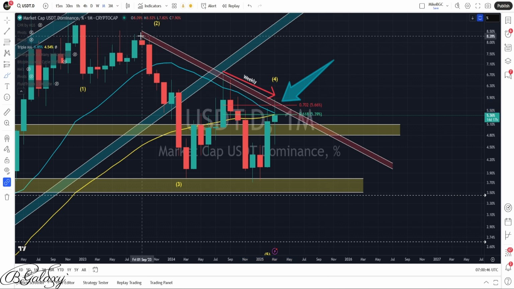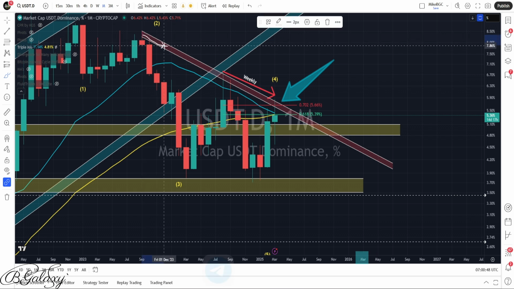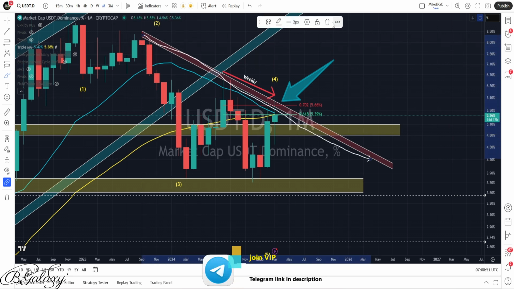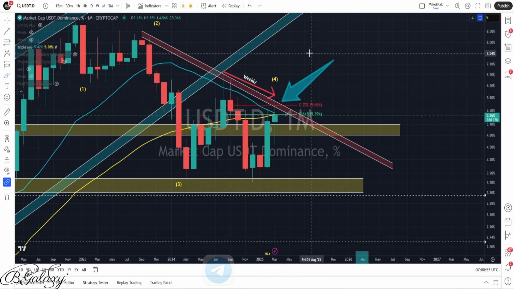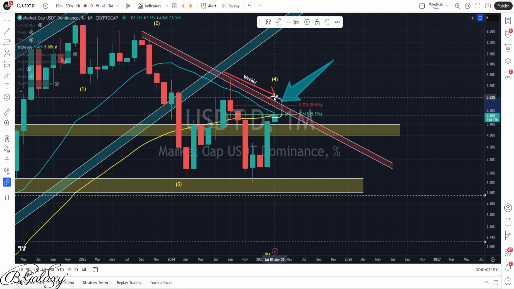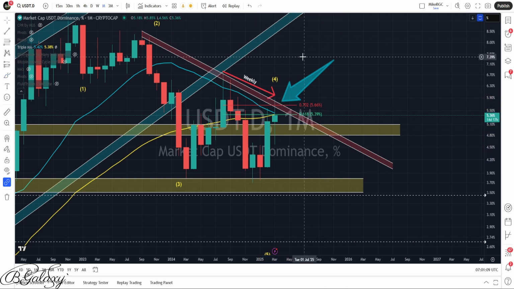And I have this trend line on my chart, the red one in here. It's working as resistance as well. It used to work as resistance in the past, and now it's working as resistance for USD dominance again. At the moment we have multiple resistances about this area, and I'm expecting to see a rejection to the downside from the USD dominance.